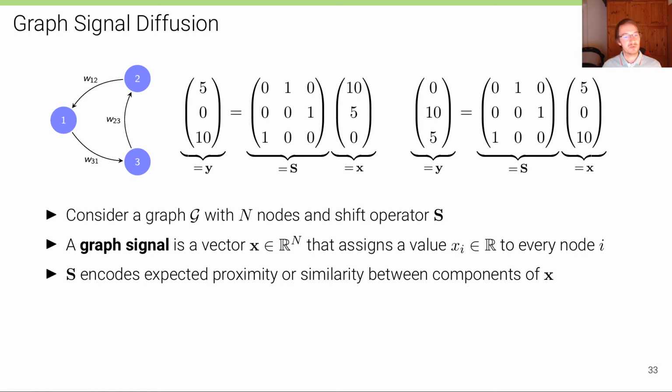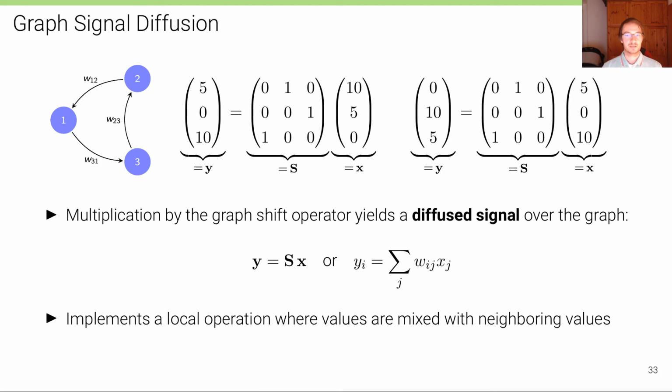And then we consider a graph signal, which is a vector. In this case, it's a 3-dimensional vector that assigns one real number, one scalar, to every node. And S encodes the expected proximity or similarity between the components of X. Then we multiply the input signal X, the signal that is defined on that graph, with the graph shift operator.